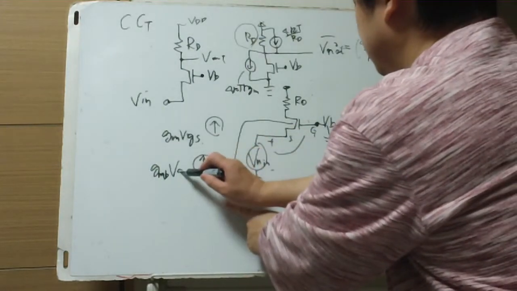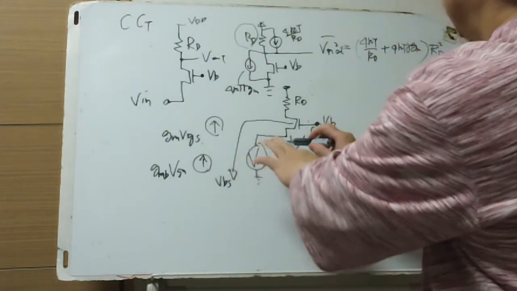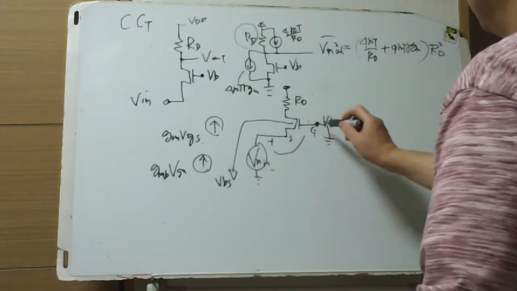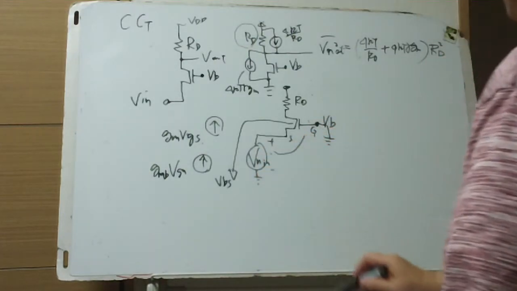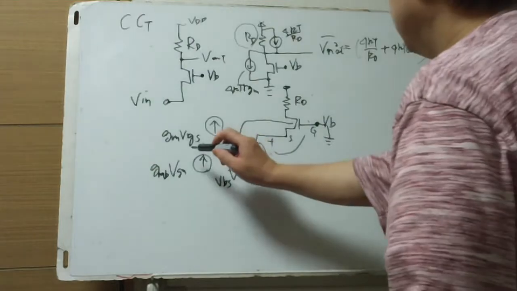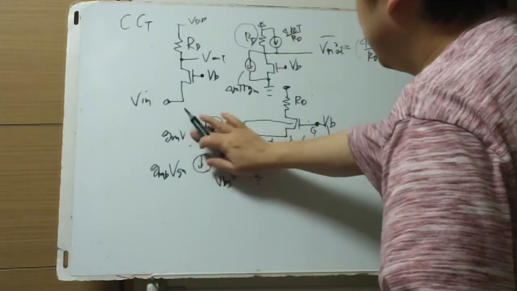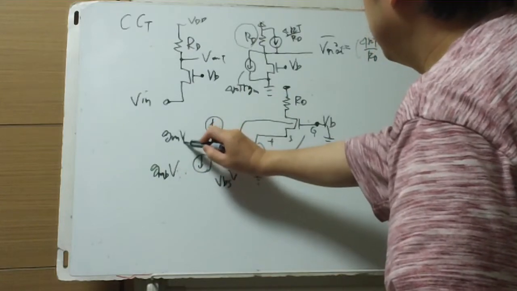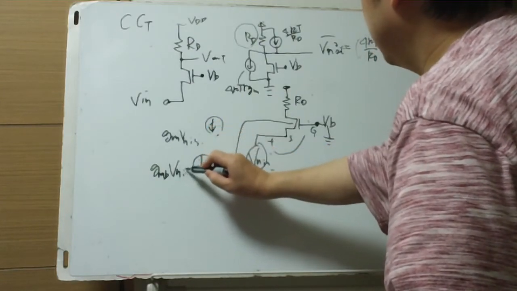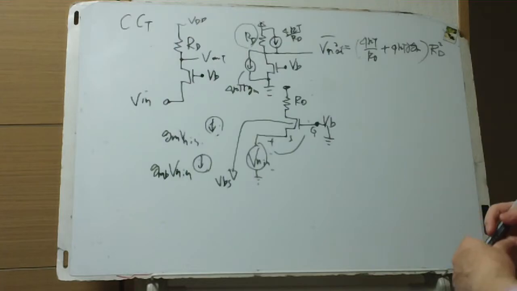This is VGS, or just ground to input, like this. Inverse this, and this is Vn in, at last.